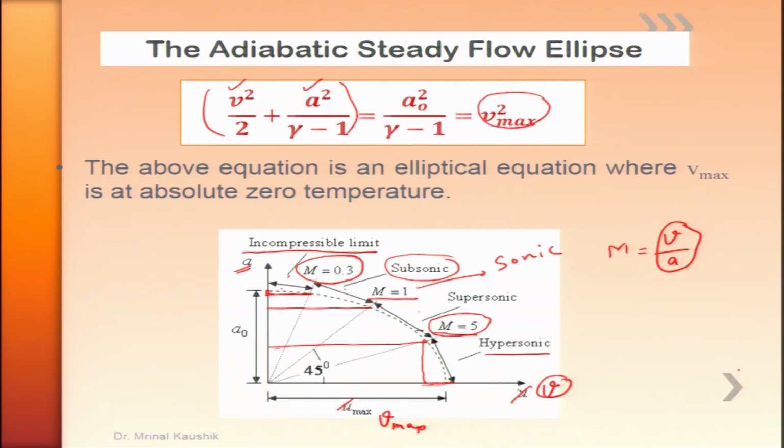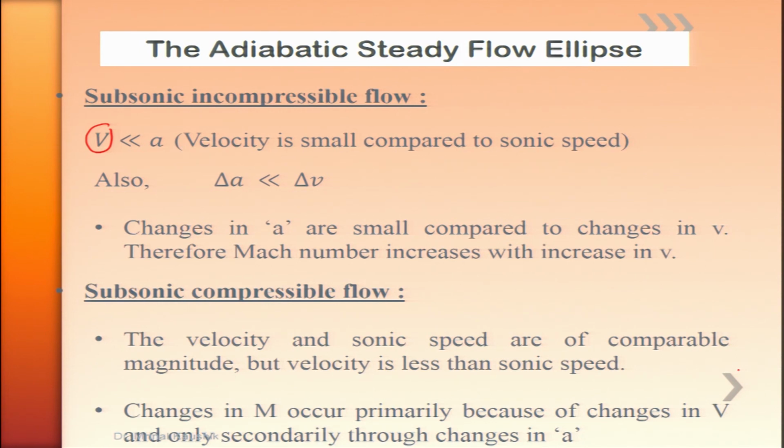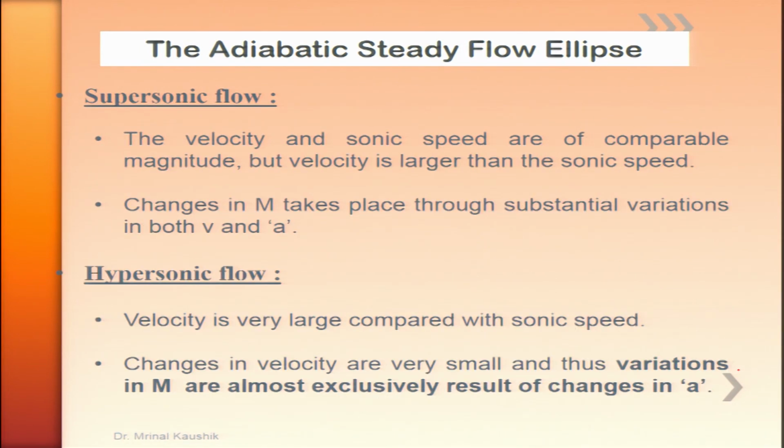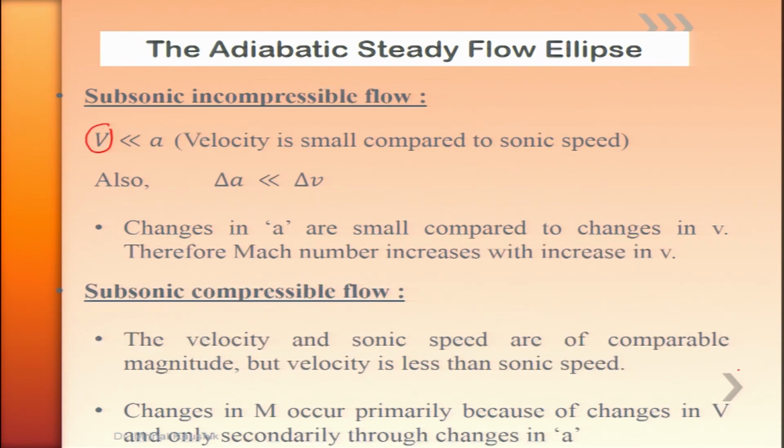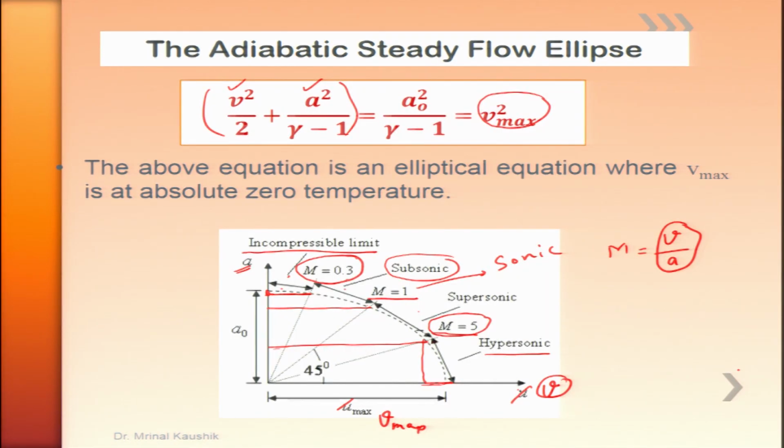Now, going ahead with this background, I would like to make two more comments before moving ahead. Please see that though we have segregated between 0.3, 1, 5, that is subsonic, supersonic, hypersonic, a transition zone also exists which we call the transonic region.